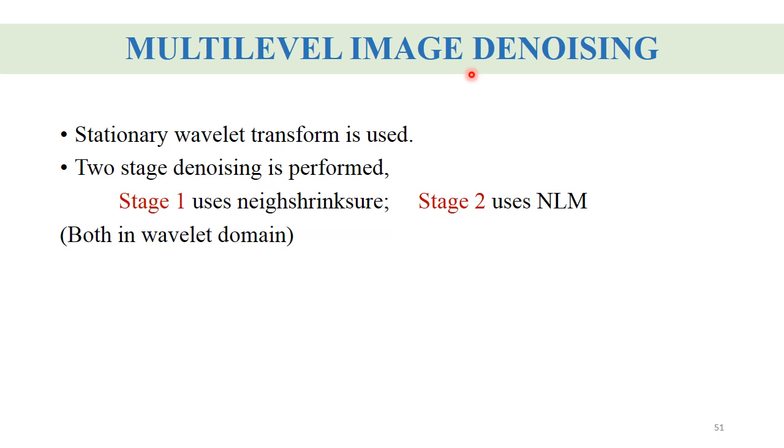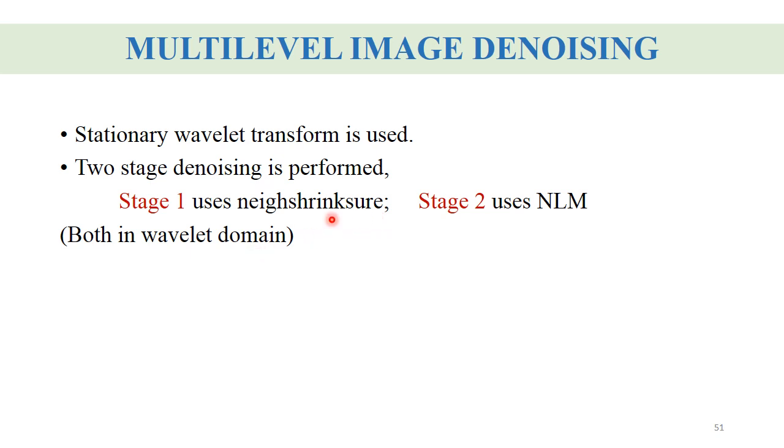Now in multi-level denoising, we are going to make use of two stages. In stage 1 we use NeighShrink. In the second stage we apply non-local means, and both of these operations are performed in the wavelet domain.